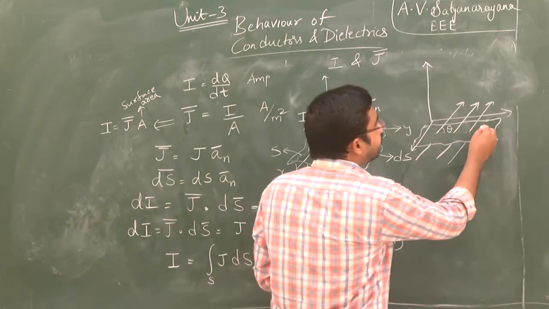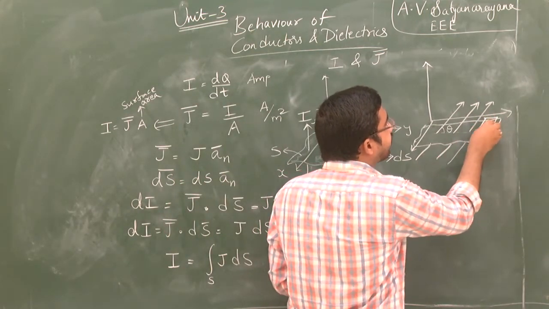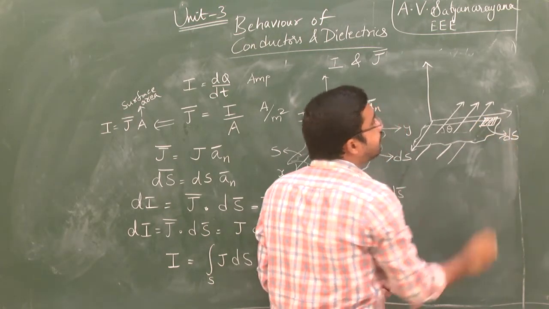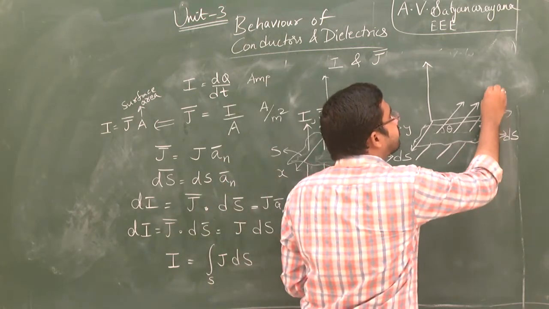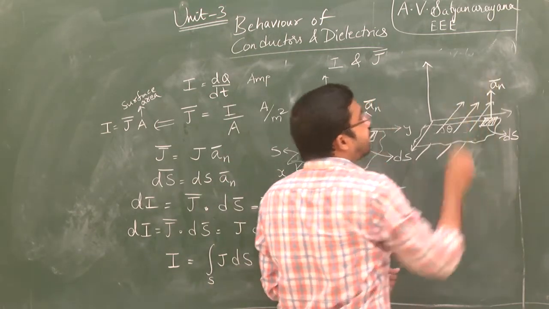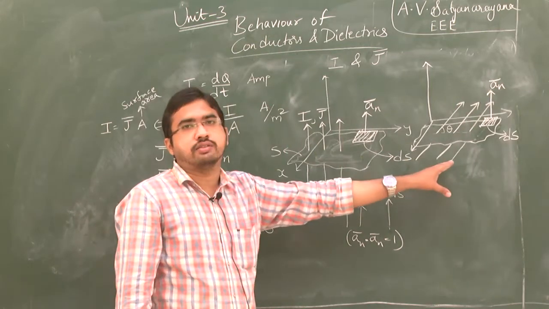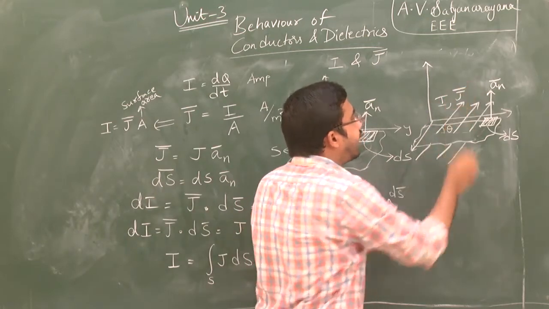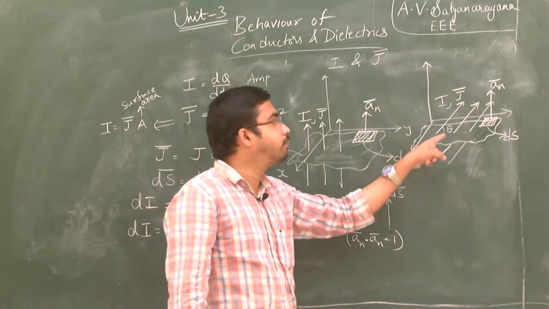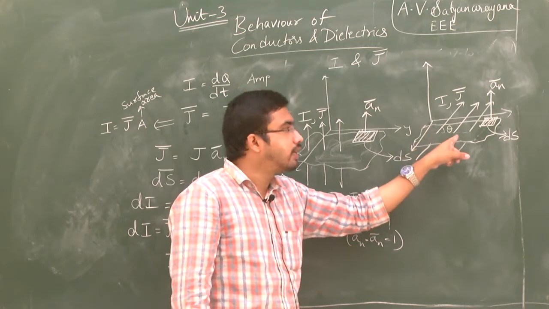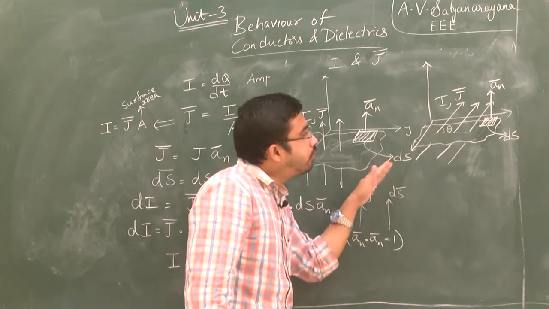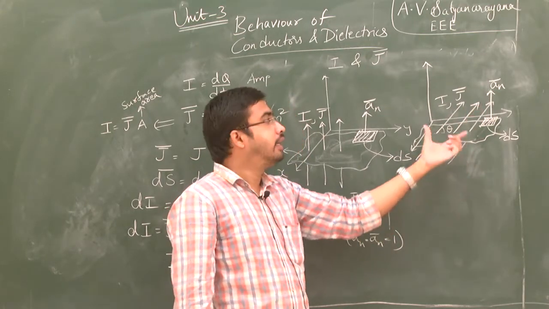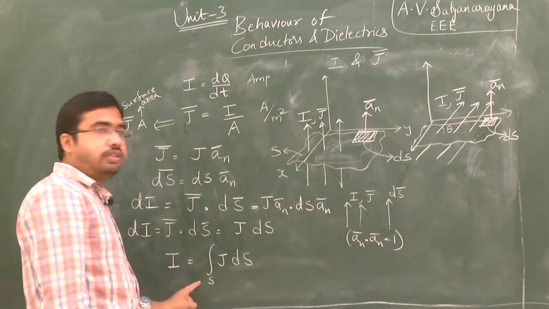Then if you consider a small differential surface ds, then the unit vector that is perpendicular to this ds is an bar. For these cases, when your current and current density direction are not perpendicular to the plane that you are considering, but they are making some angle theta with the surface area or plane, we can't use this formula directly.